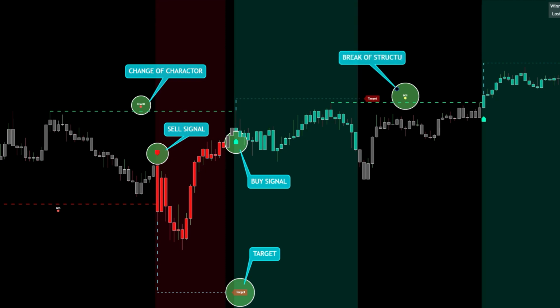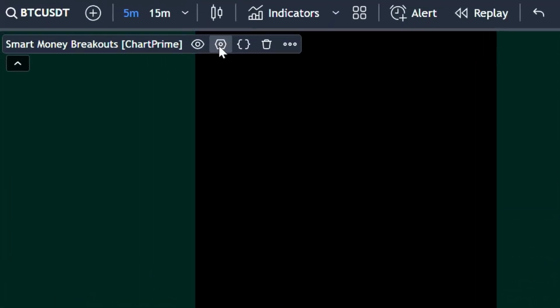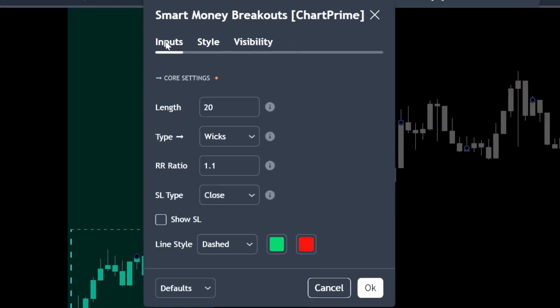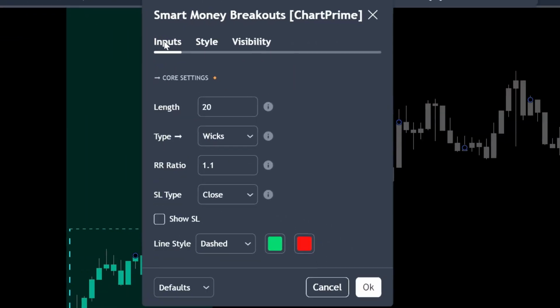But before we start racking in profits, let's fine-tune the indicator a bit. In the settings window, you'll find a few parameters we want to tweak. First, let's set the length parameter to none. This will adjust the sensitivity of the indicator. Next, we'll change the type parameter to body.